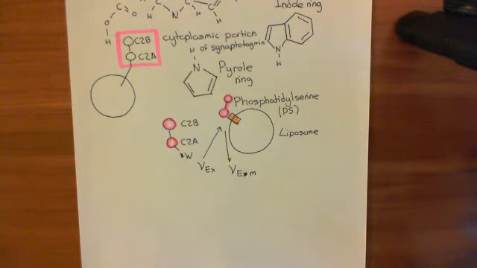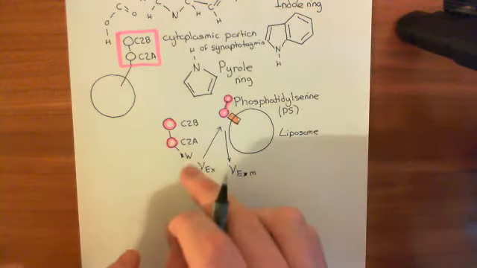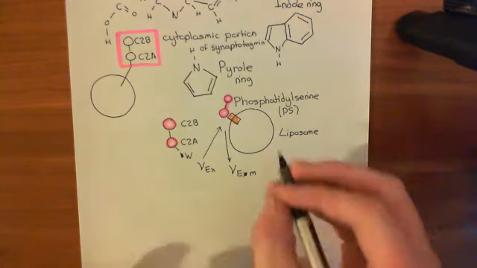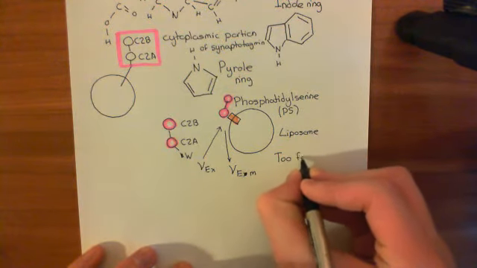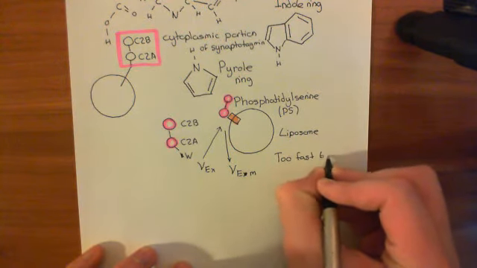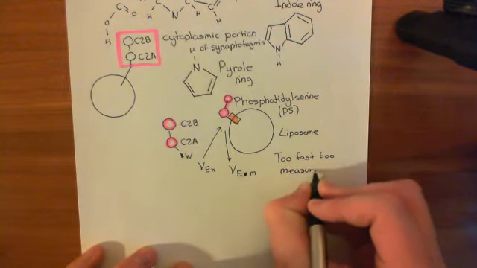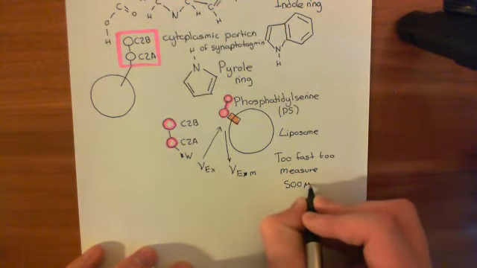And they were then able to basically add calcium in and see how quickly the C2a domain actually binds to the phosphatidylserine. And the answer they got was that it was too fast to measure. Okay, so the machinery they were using to measure this had a maximum resolution of 500 microseconds, I believe.